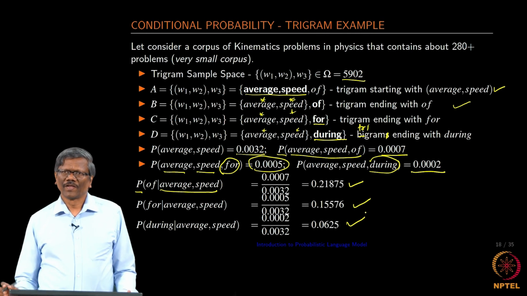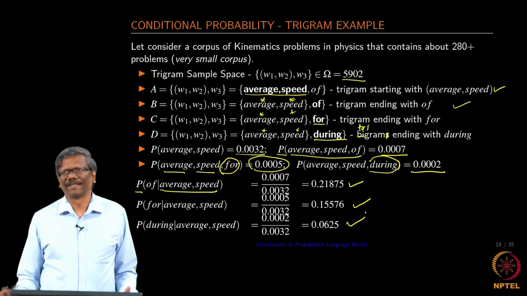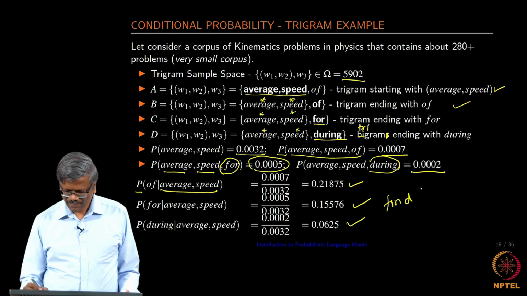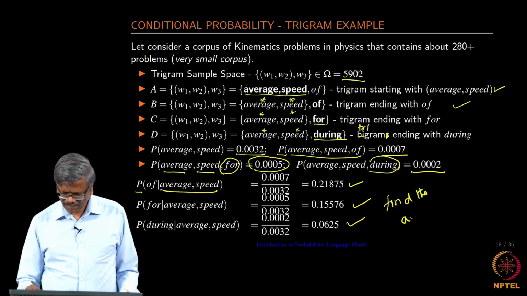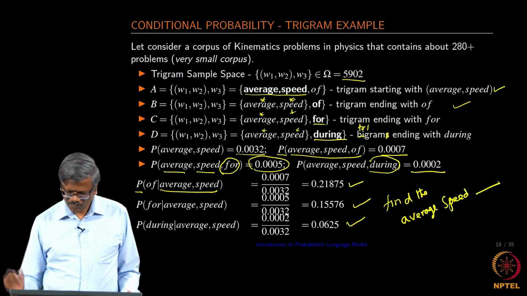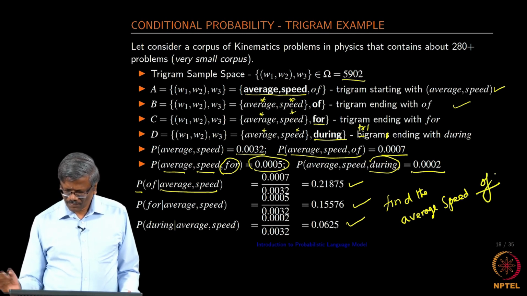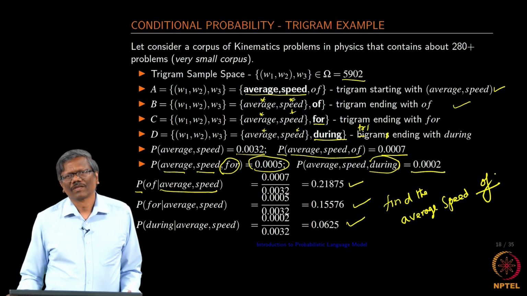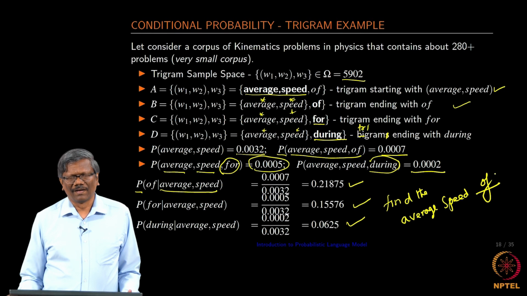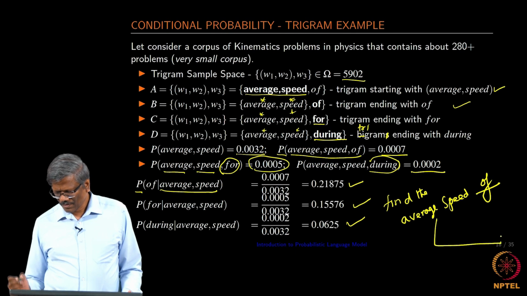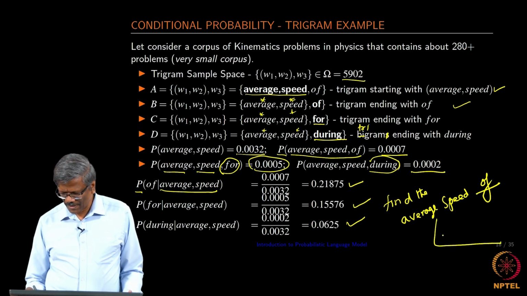So, now what would be the most likely sentence if you use average and speed? Okay. So, we can say that off is going to be the most likely to occur. Okay. So, if you draw the graph like we had seen in the earlier case, I am going to be using a bar chart.